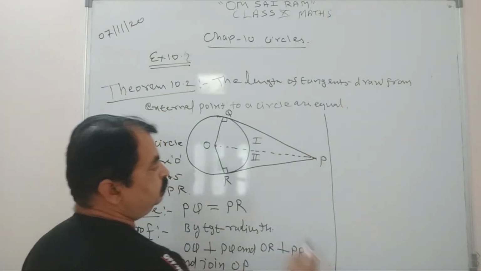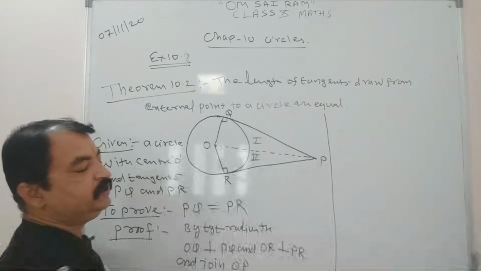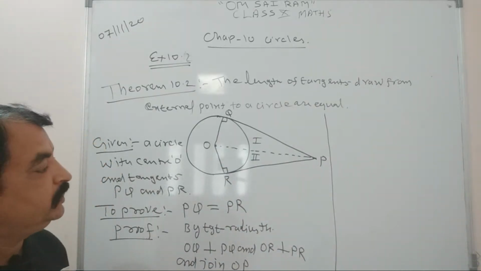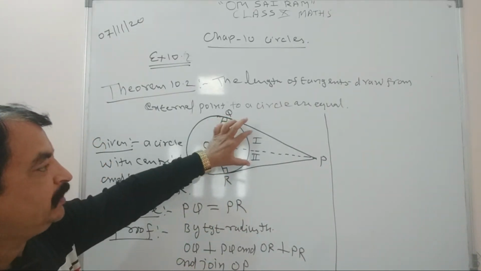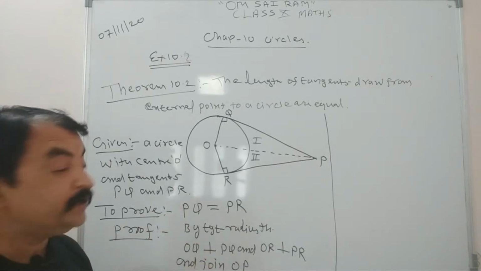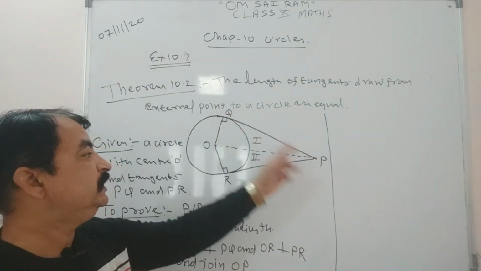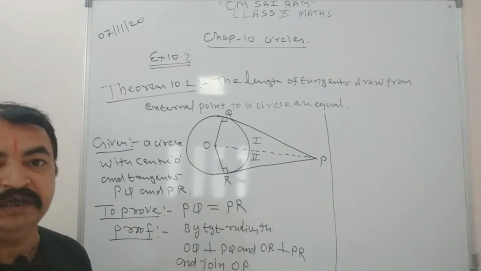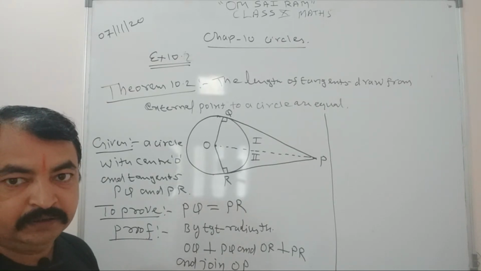So to make PQ equal to PR, if we make these two triangles congruent, then by CPCT, corresponding parts of congruent triangles, PQ will itself be equal to PR, children, right?